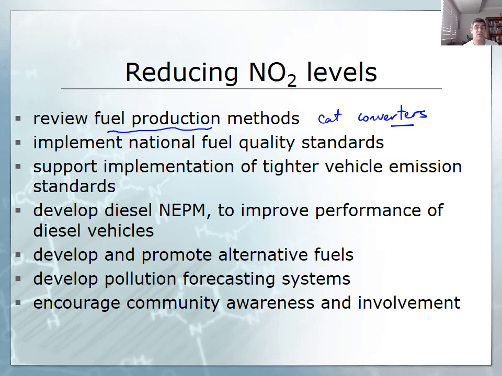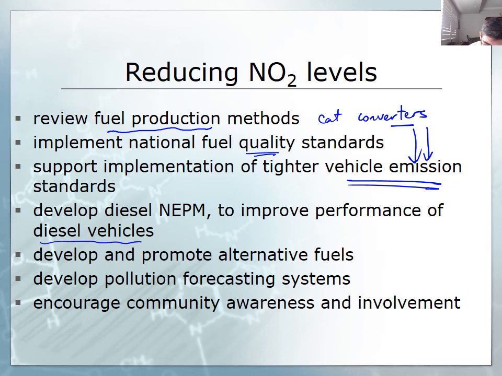Also, the implementation of national fuel quality standards to try and identify what sort of components there are in fuels and make sure that there's as clean a burn as we possibly can get. Tighter vehicle emission standards, and that's really where a lot of our converters have come in and specifically addressed those. The development of diesel National Environmental Protection Monitoring, to improve performance of the diesel vehicles.